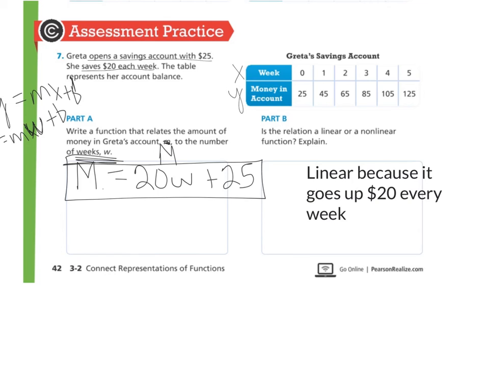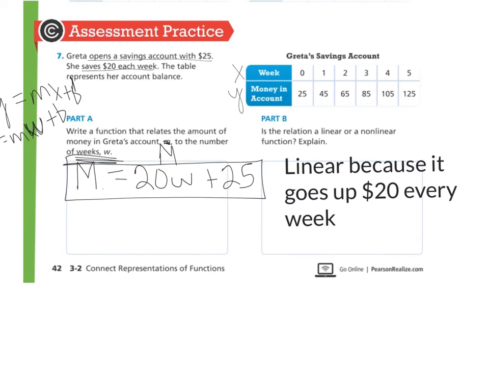Okay, it's a constant rate of change or a constant slope here. We start at a point, we go up 20 over 1, up 20 over 1, up 20 over 1. Okay, now it's not starting at 0, 0, so it's not proportional, but it is linear. It's still a straight line.